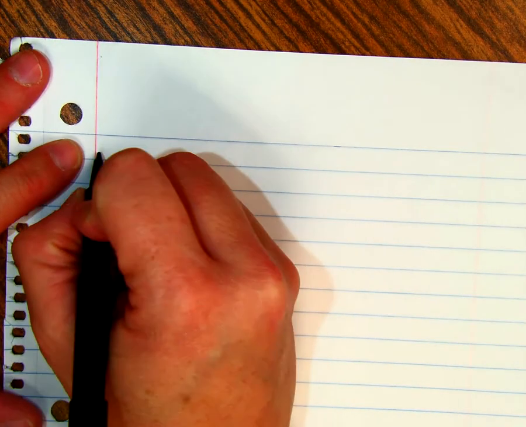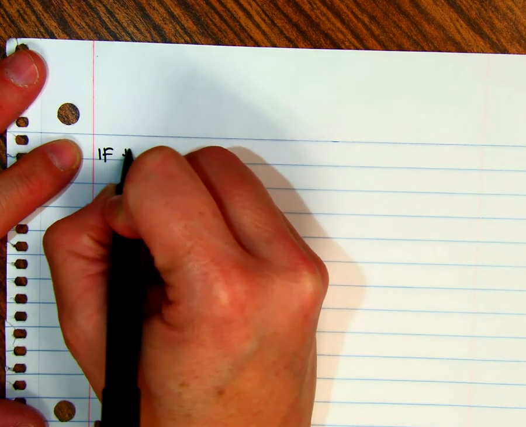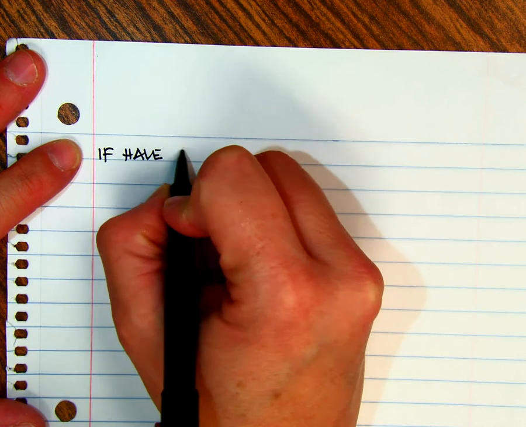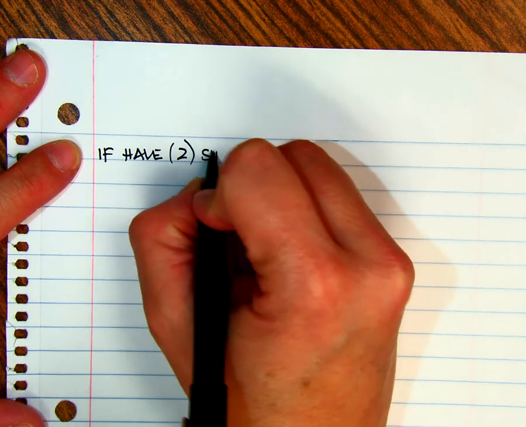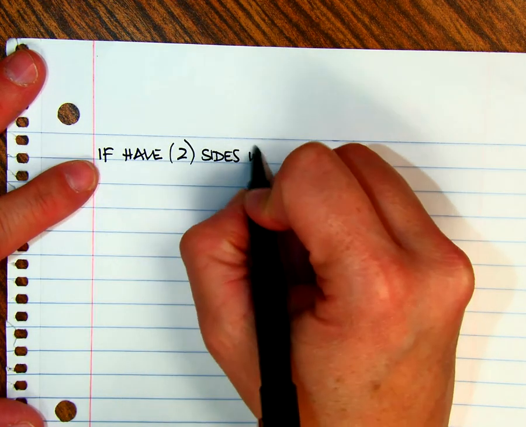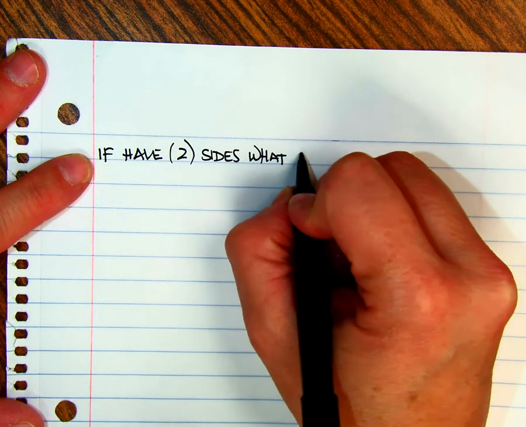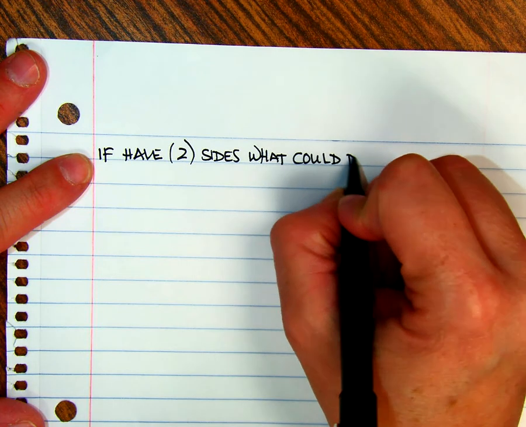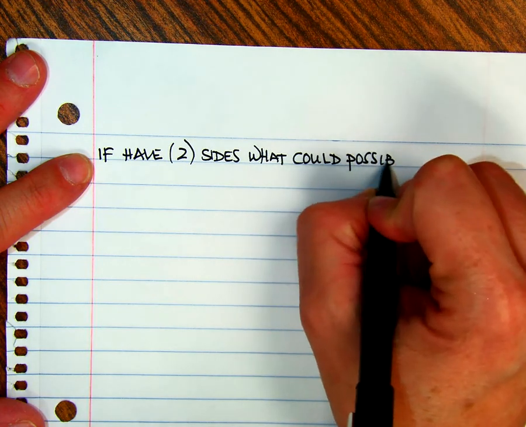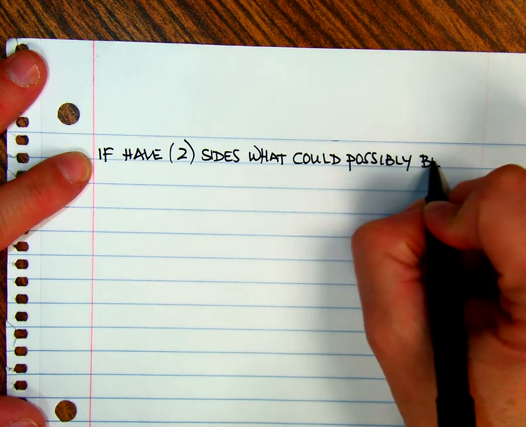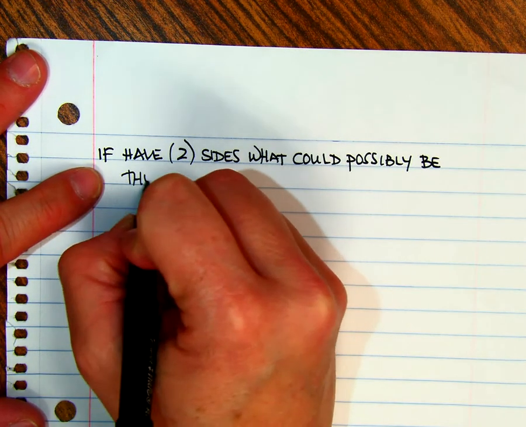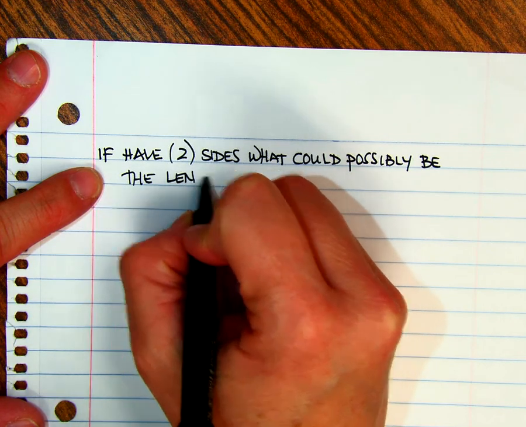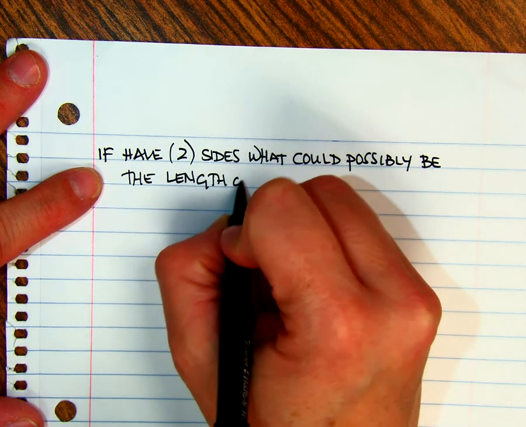If you have 2 of the sides, what could possibly be the length of the third side?